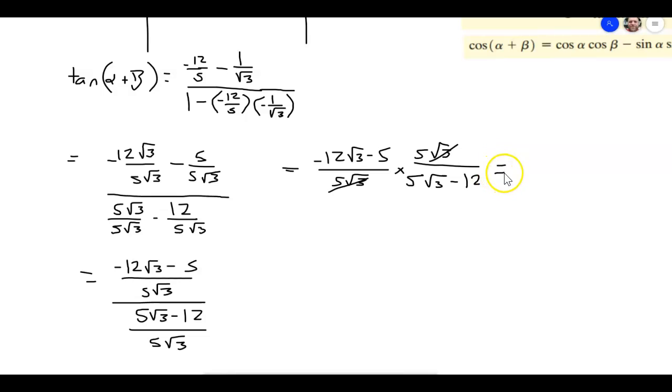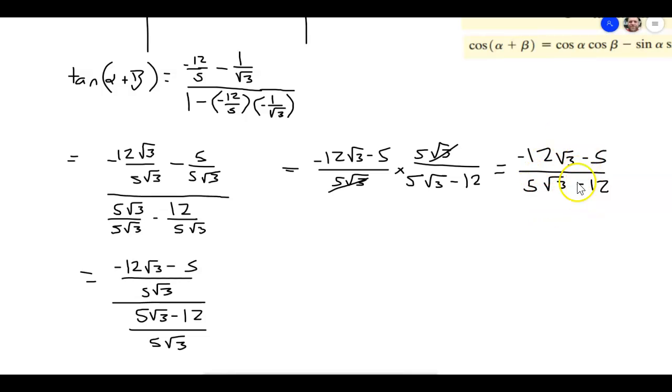And I'm going to get negative 12 root 3 minus 5 all over 5 root 3 minus 12. And my math lab should take this right here.